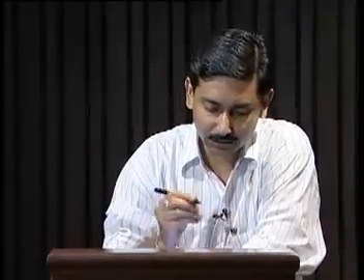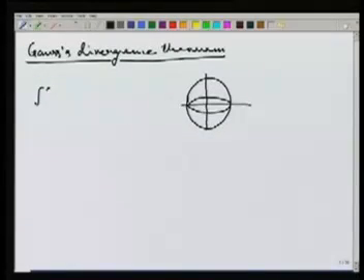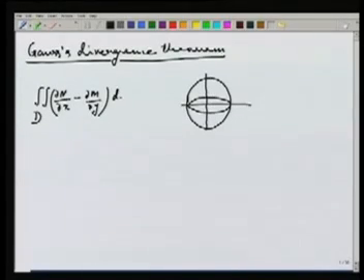So let me write down the statement of Green's theorem again. The statement was the double integral over D of del N del x minus del M del y. This, if I do the double integration with respect to dx dy, turns out to be the integral over some boundary curve with proper orientation, and then we called it M dx plus N dy.